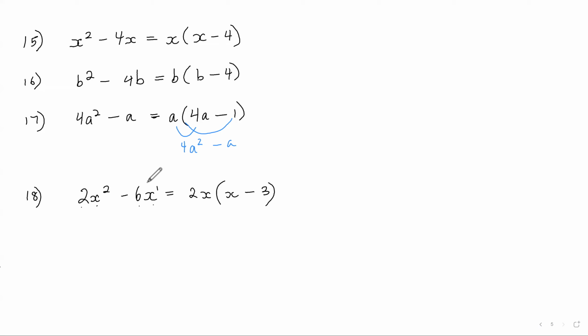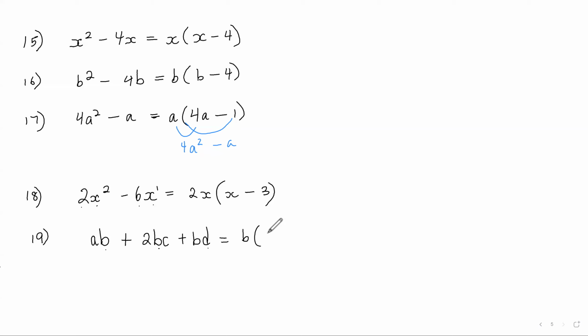All right. Now you can have more than two terms. You could even have three terms, like for example AB plus 2BC plus BD. If you notice, all of them have B in common, so B would be the common factor.